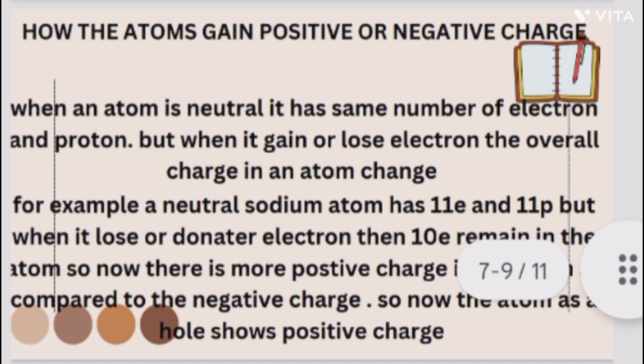Means if sodium has 11 electrons and 11 protons, it donates one electron, so the remaining are 10 electrons and 11 protons. Positive charge is dominating in this case. So when positive charge dominates, the positive charge will appear on the atom and it now becomes a charged particle instead of being a neutral one.